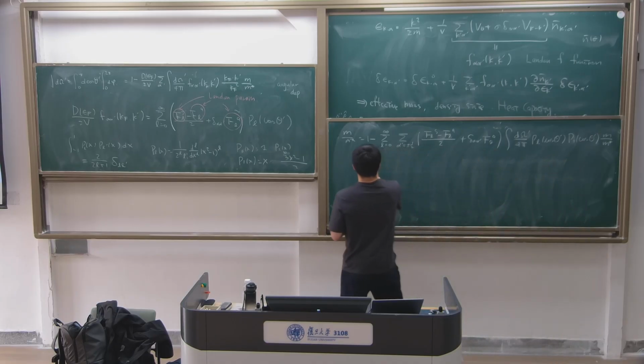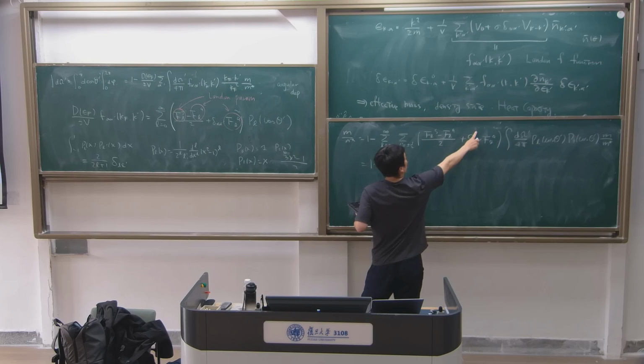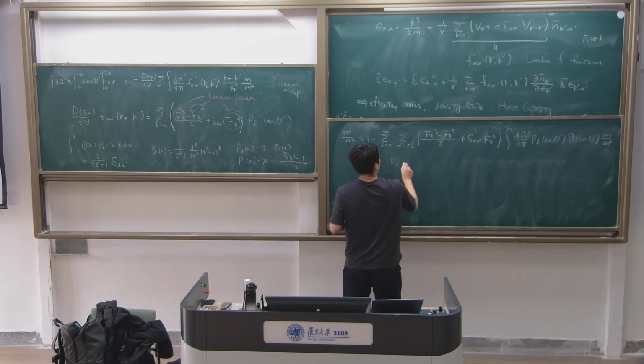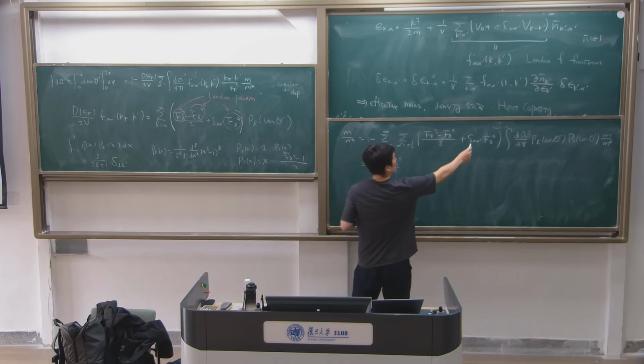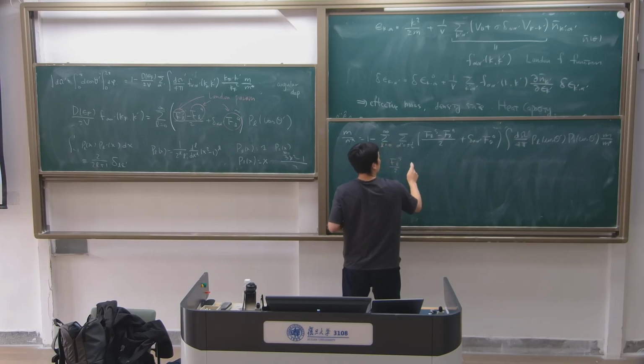So L becomes 0 and this is equal to 1 minus... When alpha is alpha prime, you get that this is equal to 1. Okay. This is equal to 1. So you get the FL divided by 2. And this is equal to 1.